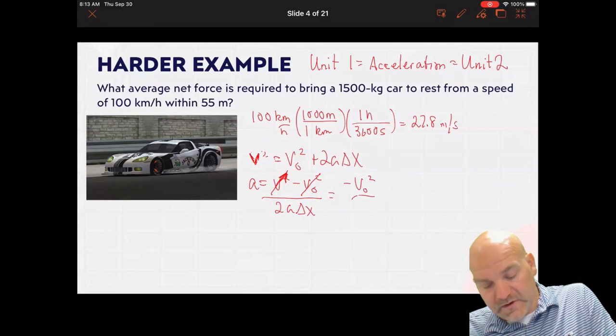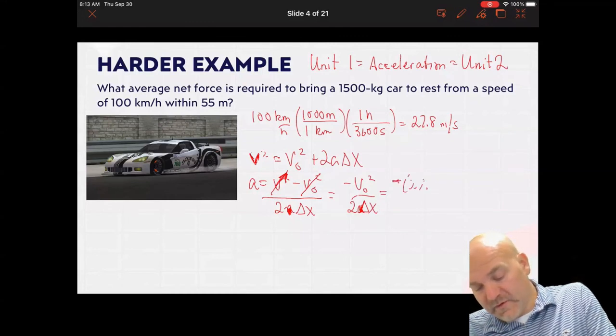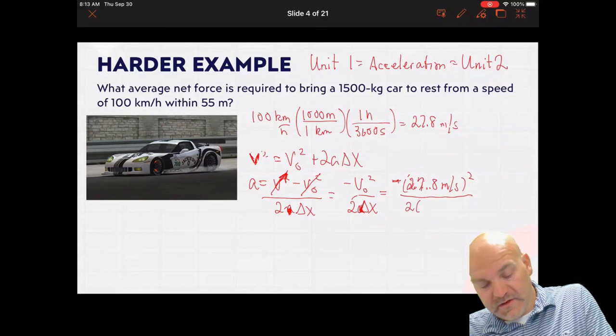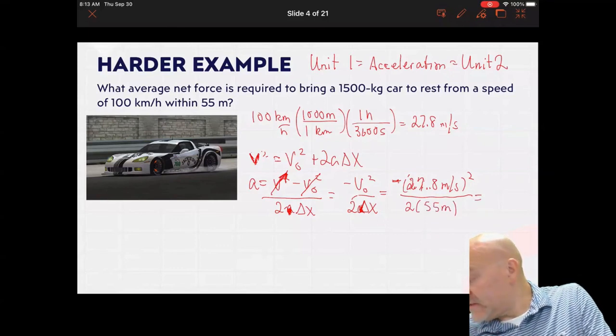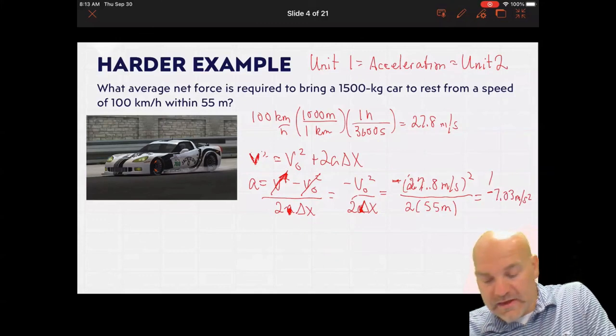So we're going to do negative v0 squared over 2 delta x. This becomes negative 27.8 meters per second, squared, over 2 times 55 meters. That's going to give us an acceleration of negative 7.03 meters per second squared.